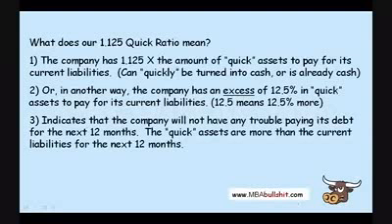Current liabilities means liabilities which need to be paid in cash within the next 12 months. So the quick assets are more than the current liabilities for the next 12 months, and these quick assets can be used to pay for these liabilities. In fact, this company has an excess of 12.5% in quick assets.